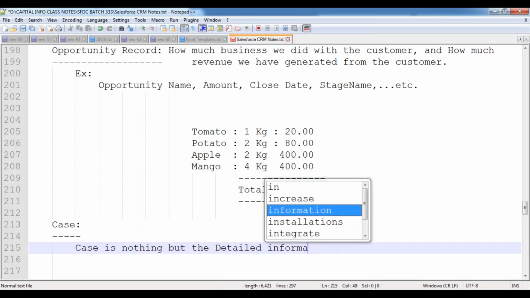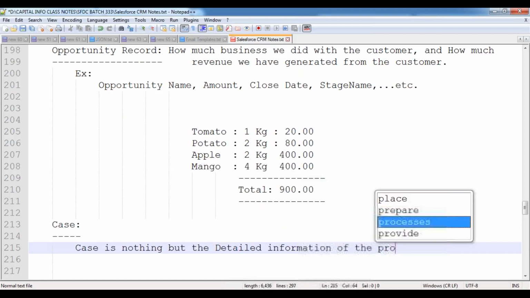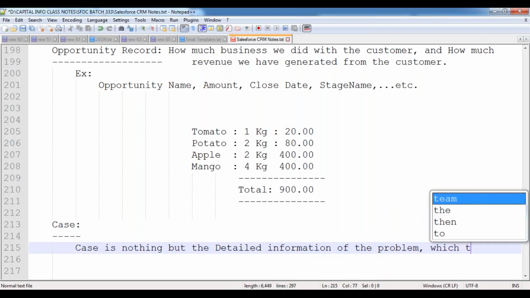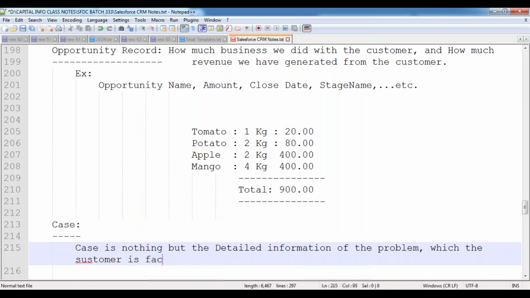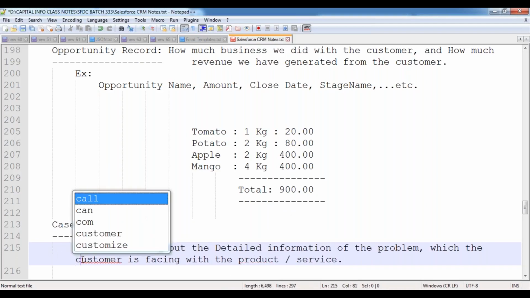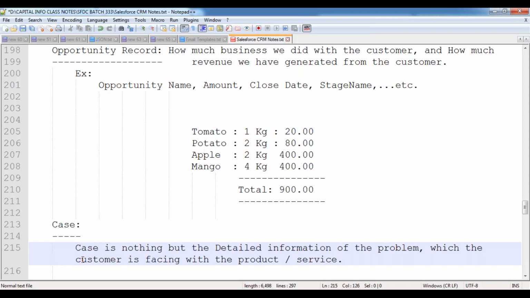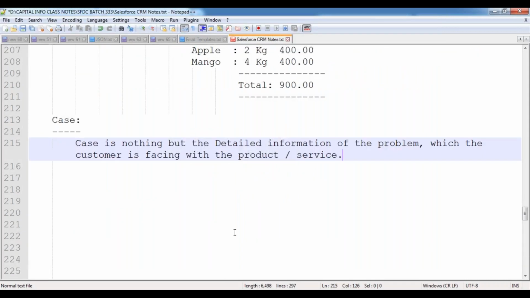The customer might be using my product or he may be using my service. At that time, whatever problem he is facing, that problem's detailed information is called a case.